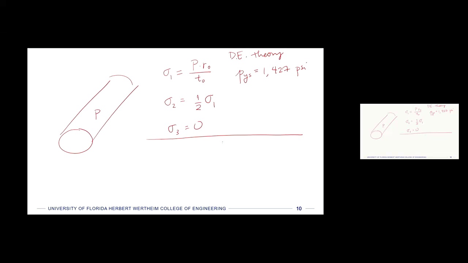Now if we apply the maximum shear stress theory, we can compare what happens. Maximum shear stress theory says that it will yield when tau max is greater than or equal to yield stress divided by 2.